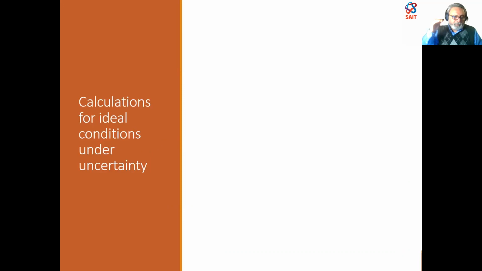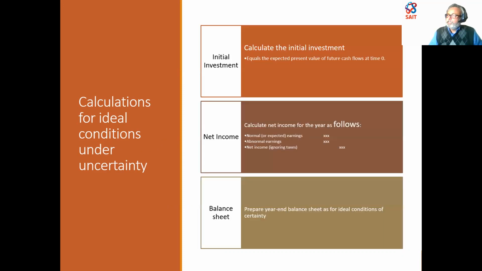So in terms of preparing the balance sheet and the income statement, when you're operating under ideal conditions of uncertainty, just like we did for ideal conditions of certainty, we want to calculate the initial investment. Net income is the cash flow arising from what actually happened, and then we compare that to what we were expecting.